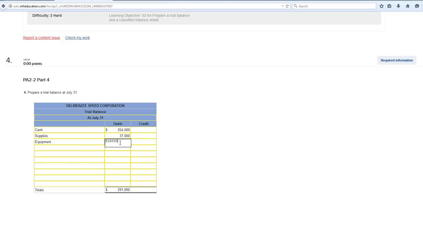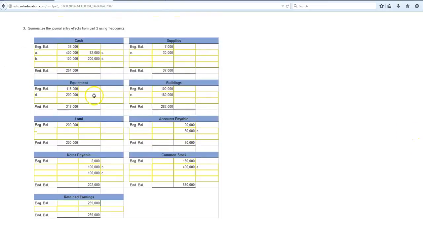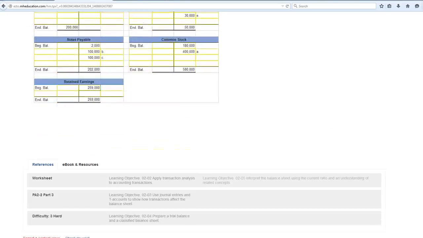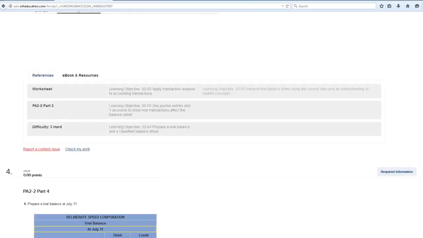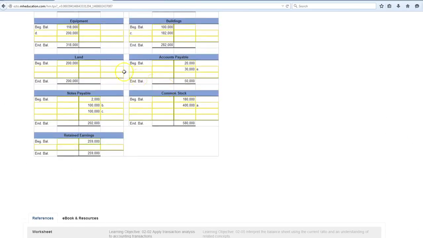And notice, if the account has a debit balance in the account here, we're going to copy it into the debit column of the trial balance. Buildings, debit balance of $282,000. Land, debit balance of $200,000.